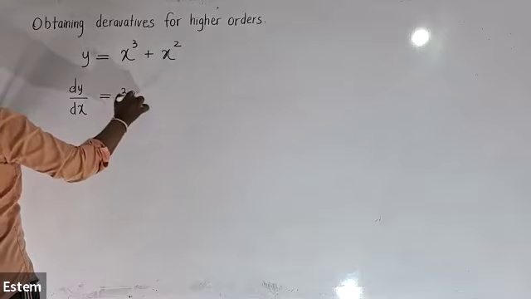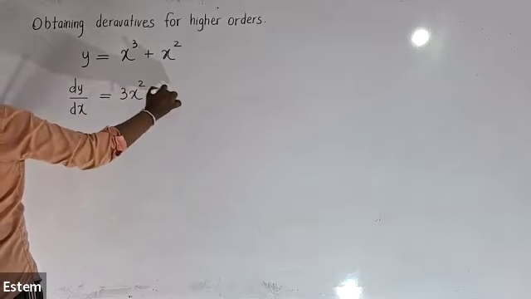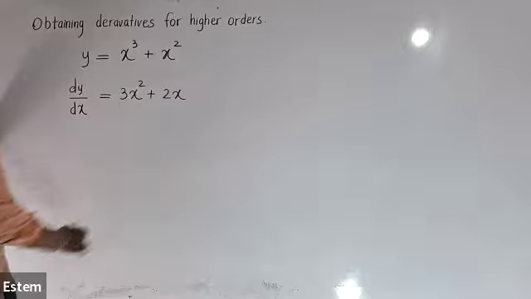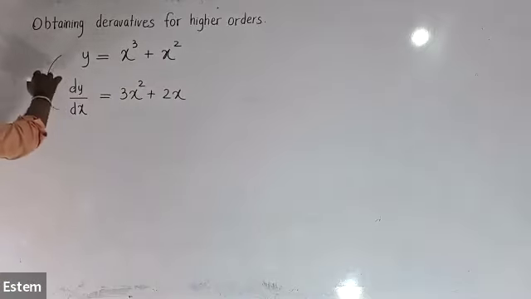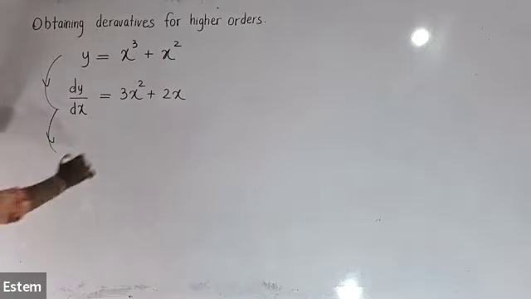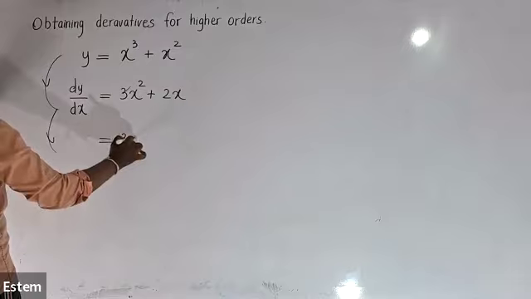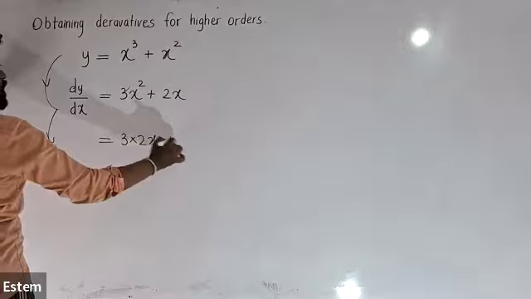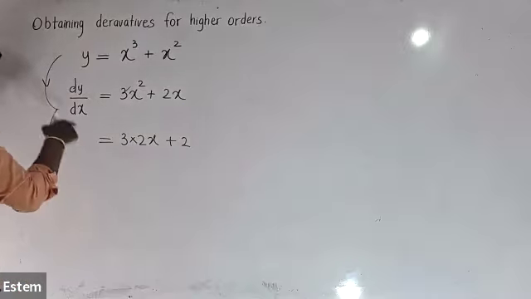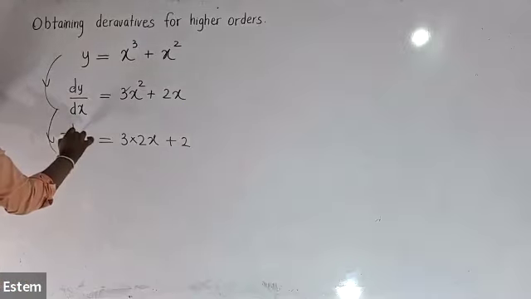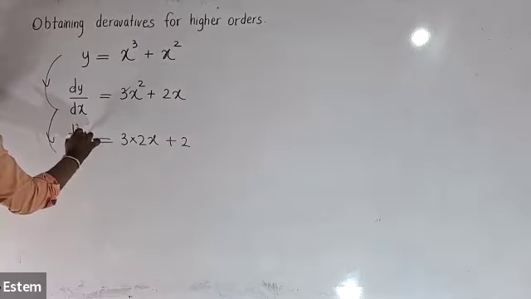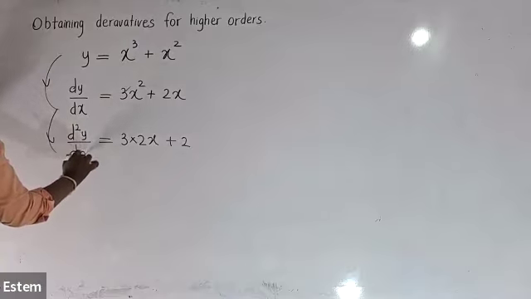So 3x squared plus 2x. And after that, we can differentiate further this. 3 into 2, 6x plus 2. Now here we write this as d squared y over dx squared.